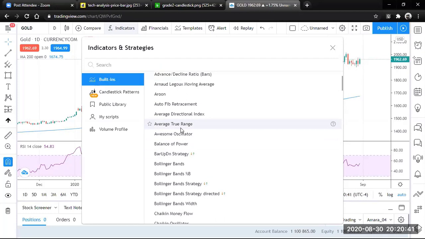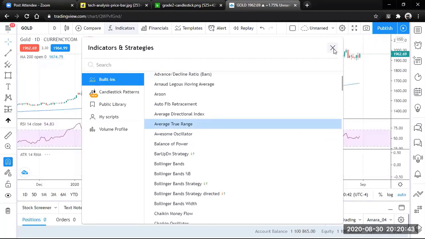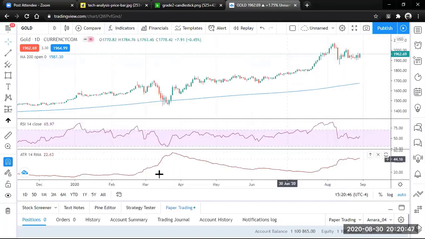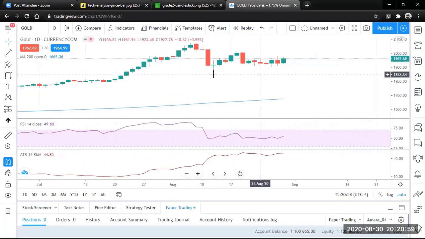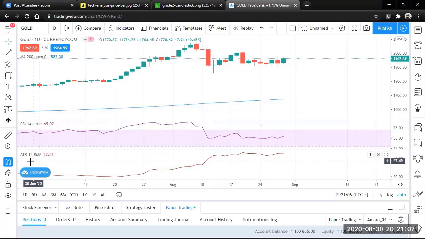The ATR, for example, is the average true range. It's similar to the moving average. I've added it onto my chart, and as you can see, it tells you the range. The range is from the low of this candle to the high of this candle, that's the range of the candle. Now it tells you the range of, in this case, the past 14 candles.